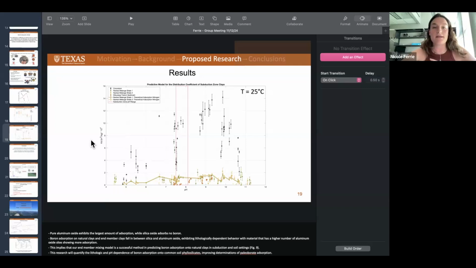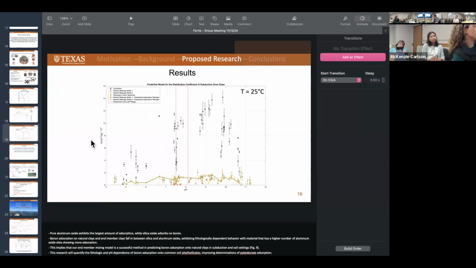And then you can basically normalize your distribution coefficient for surface area, which is taking the effect of surface area out of your distribution coefficient. So yes, your surface area will change as compaction occurs during subduction, but we can remove that process by normalizing for surface area. Thank you very much.